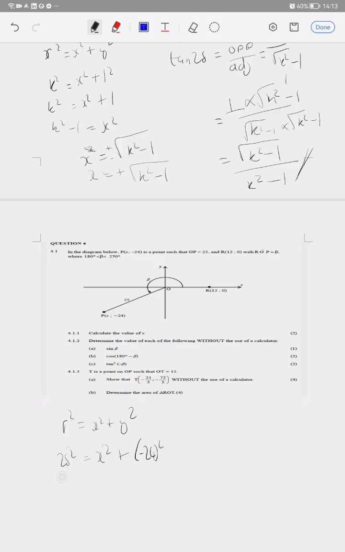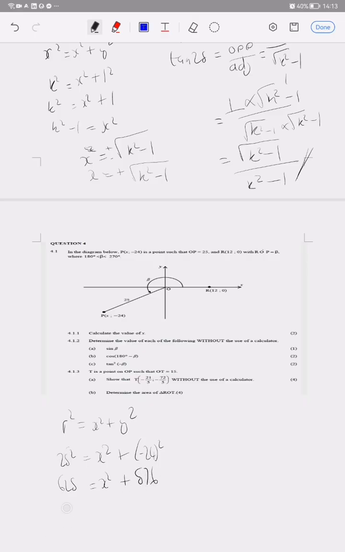This is 625 is equal to x squared plus, let's try this one with the calculator. 24 squared, we get 576.